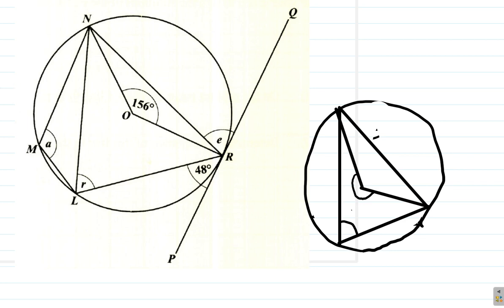This angle is around this side. Now, if this is x, this is 2x. The same argument can be applied here.